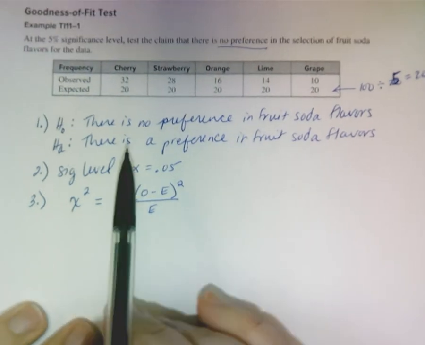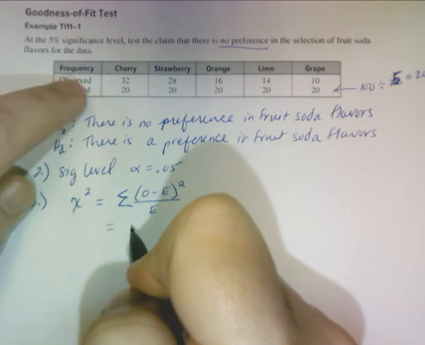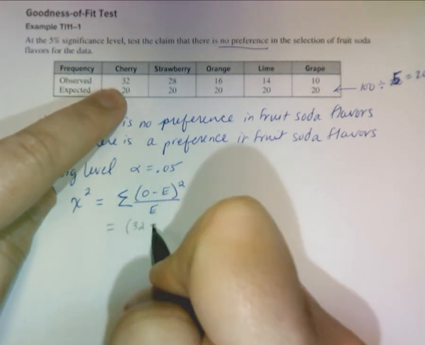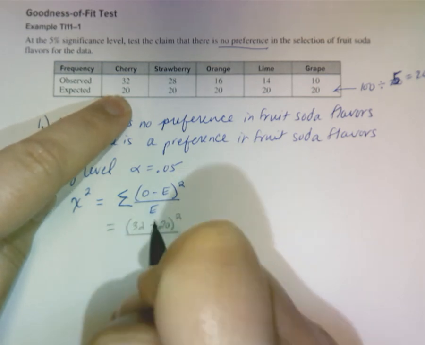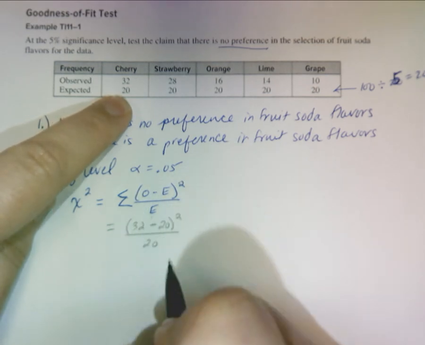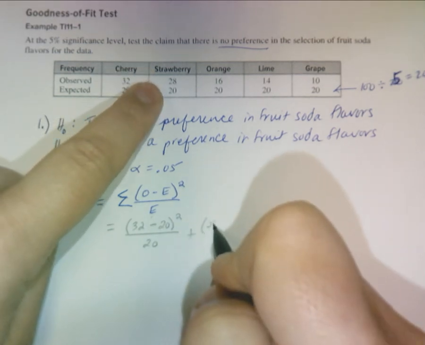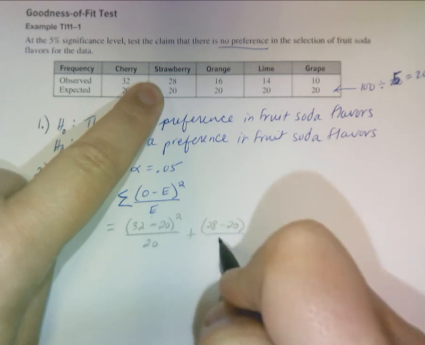So we'll start with good old cherry, okay? Cherry is, we observed 32 minus, we expected there to be 20. Square that, divide by 20. Add that to, we observed 28 people chose strawberry. We expected there to be 20.